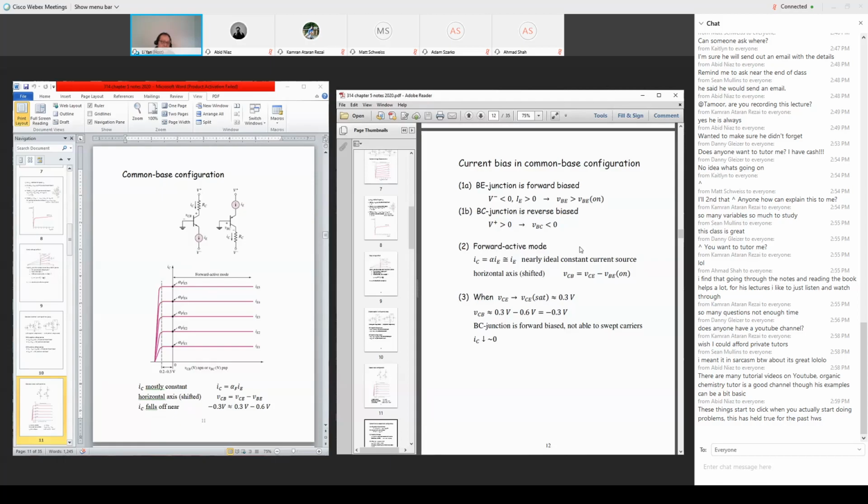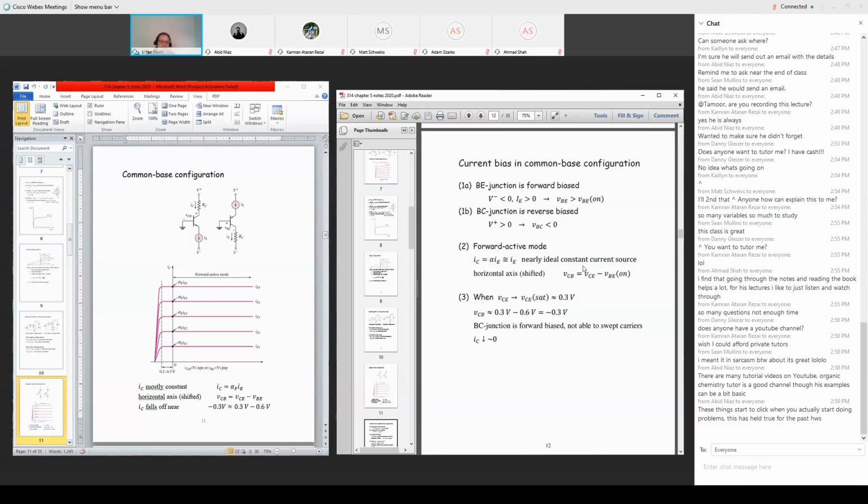And the second one says, now we can operate the transistor in the forward active mode. Once you operate in forward active mode, all the currents are linearly proportional to each other, then the collector current IC is proportional to IE. And alpha is almost equal to 1, 0.99, so IC is tied with IE.